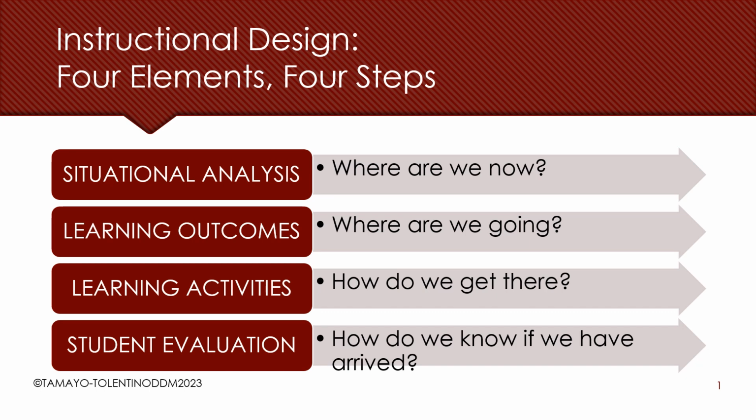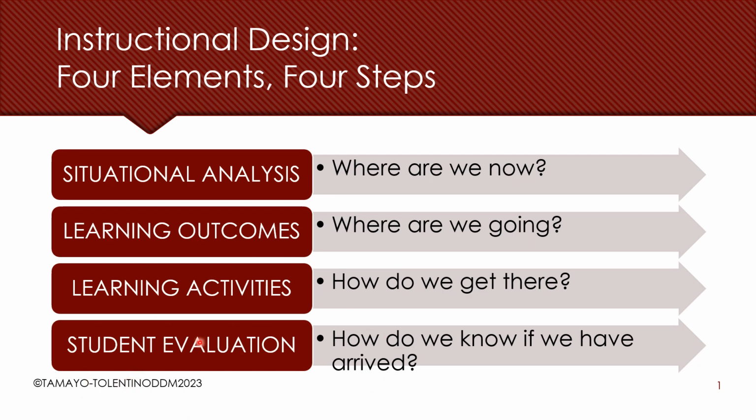In the previous videos, we have discussed the first three elements of IB or instructional design, namely situational analysis, learning outcomes, and learning activities. So now we will be focusing on the last element, which is student evaluation.